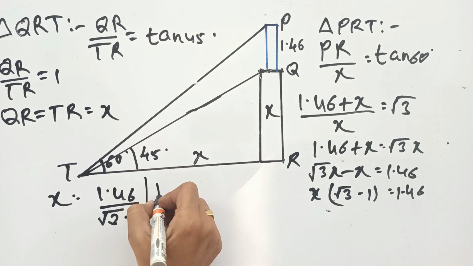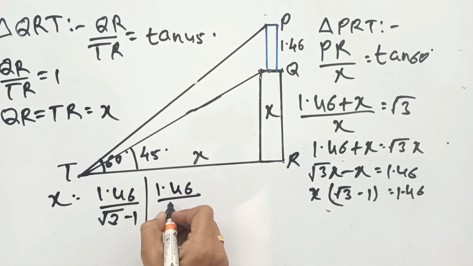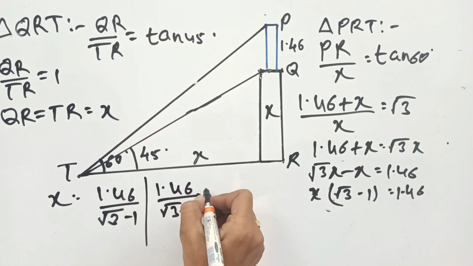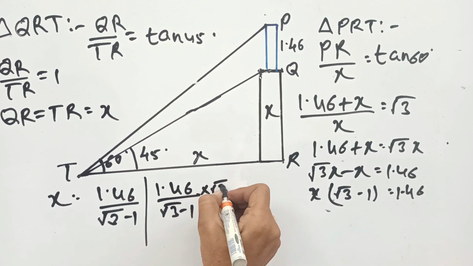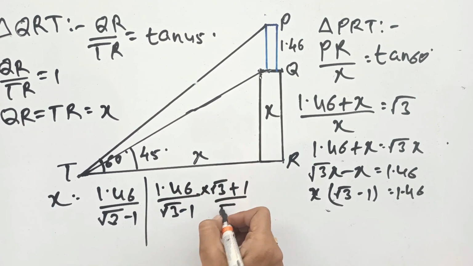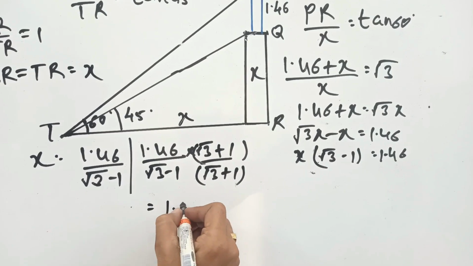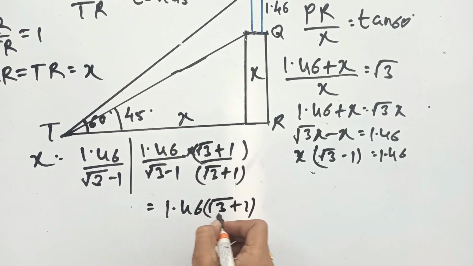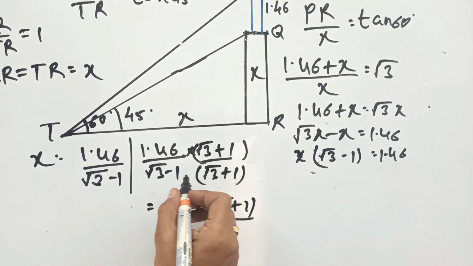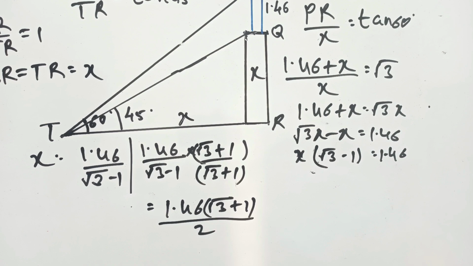Let us rationalize this. 1.46 upon root 3 minus 1. So we multiply numerator and denominator by root 3 plus 1. Using a plus b, a minus b, root 3 square minus 1 is 2.